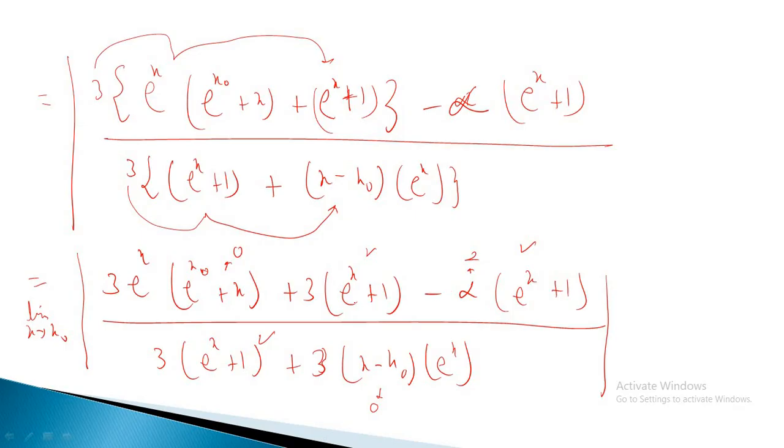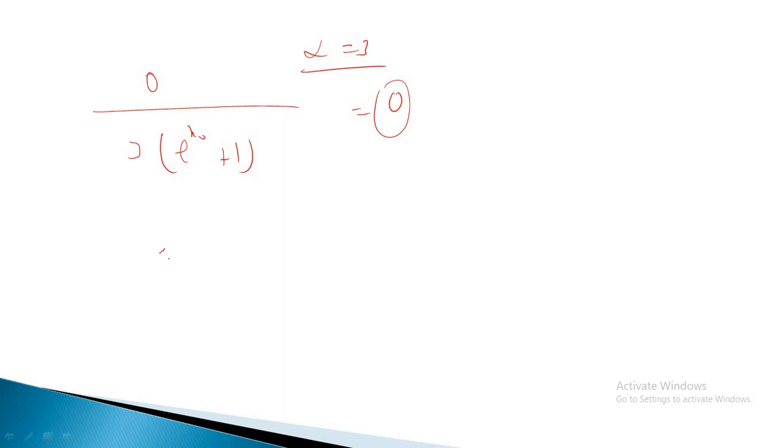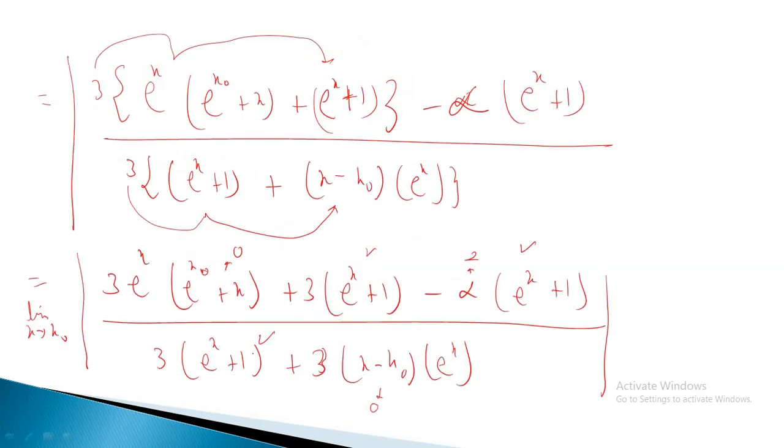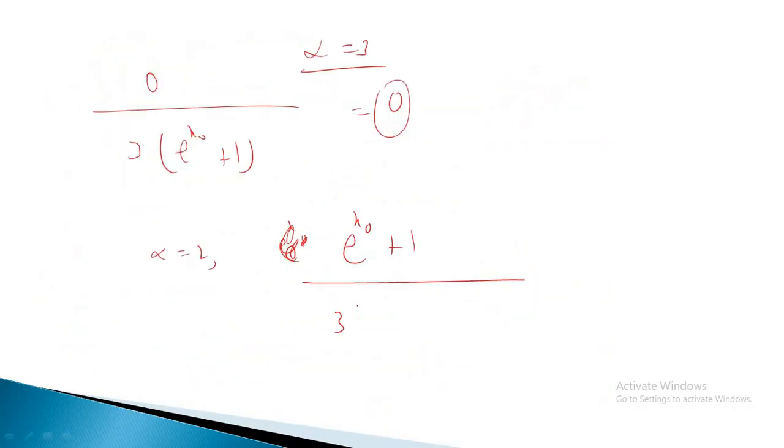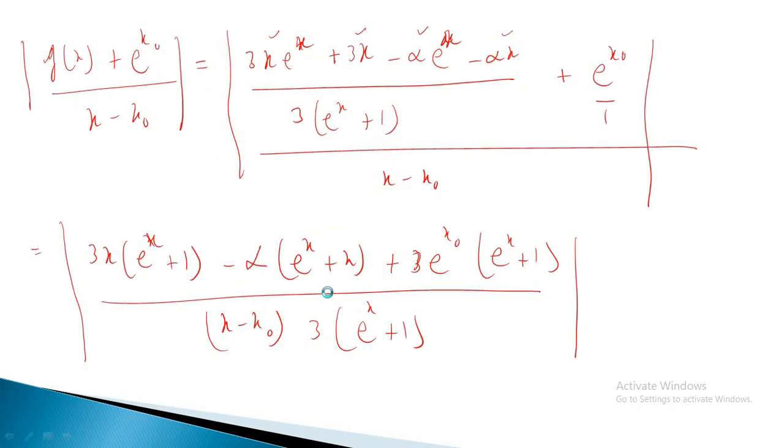So we will remain with 1 times e raised to power x naught plus 1 for alpha equal to 2, divided by 3 times e raised to power x naught plus 1. So this and this will go, and we will remain with 1 over 3. Let us check for alpha equal to 2, whether it is 1 over 3 or not.